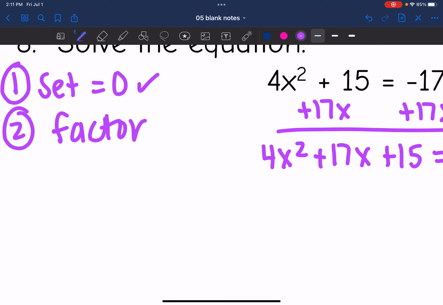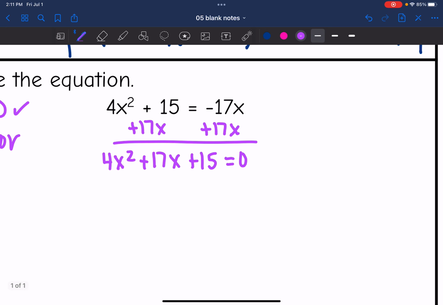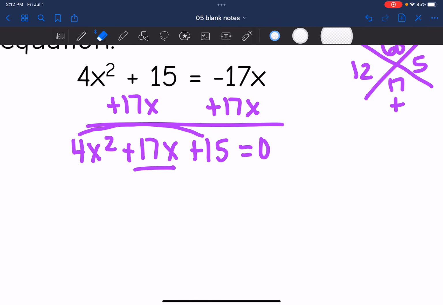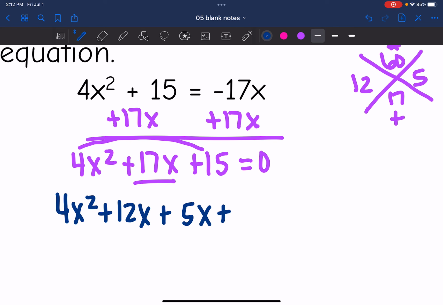So I do not see a GCF between 4, 17, and 15, so I'm just going to set up the x and figure out what multiplies to 4 times 15, which is 60, and adds to 17, which would be 12 and 5. So now I can split this 17x up into 4x squared plus 12x plus 5x plus 15 equals 0.